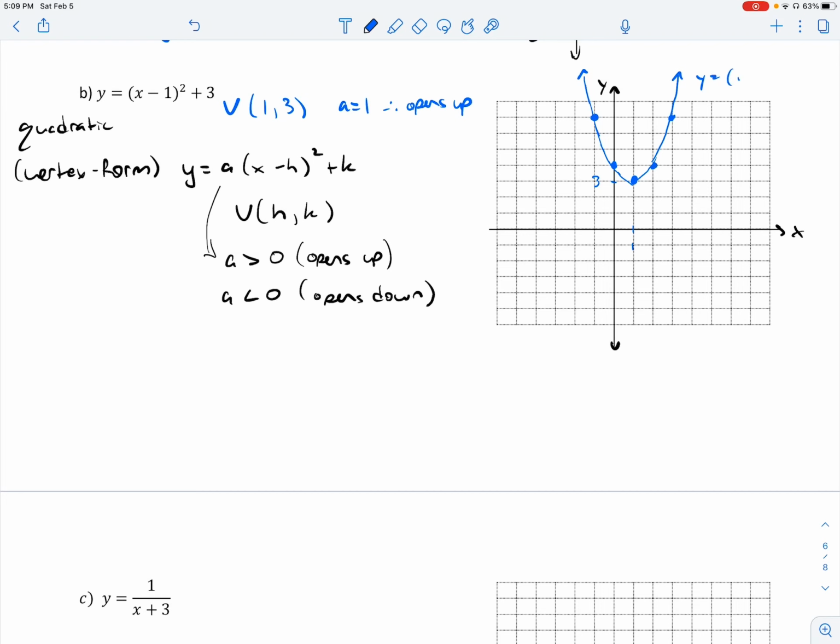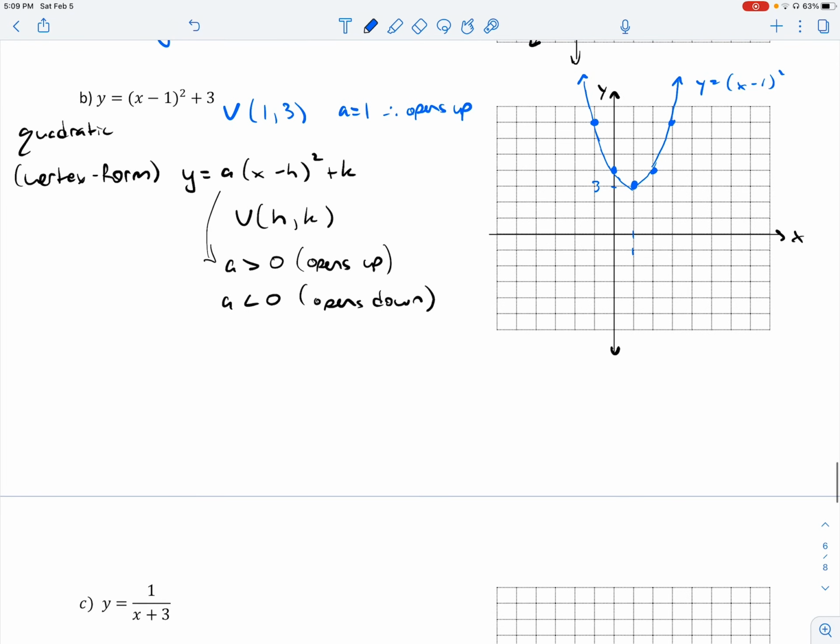Okay, just going to label the graph y equals (x minus 1) squared plus 3. Okay, so just going to clean this up a little bit.